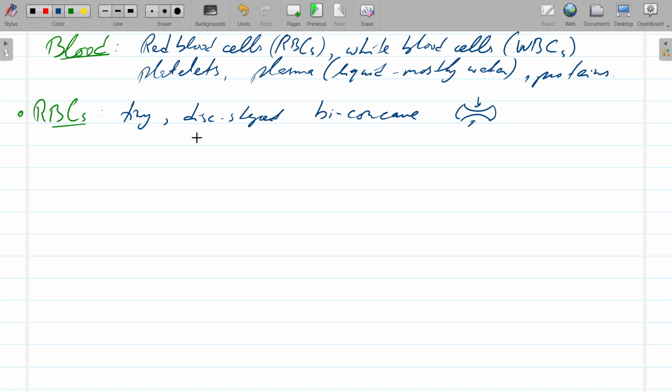What's interesting about them is that they do not have a nucleus. So you asked what body cell does not have a nucleus, and you say red blood cell. Their cytoplasm is spongy and their cell membrane is elastic.